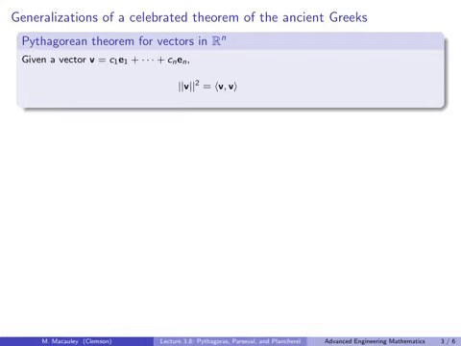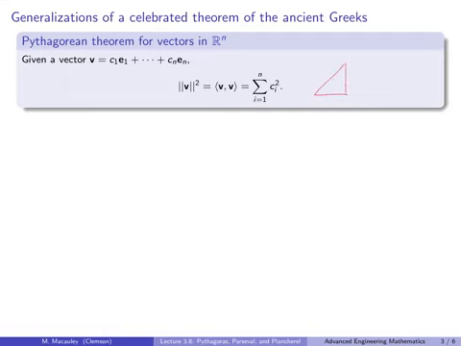Given a vector v equals c1 e1 up to cn en, the norm squared of the vector is the inner product, or the dot product, of v with itself, which is just the sum of the squares of the c_i's. Now, you're probably mostly used to this in R2, or actually just for plain old triangles, but it's easy to see why that's equivalent.